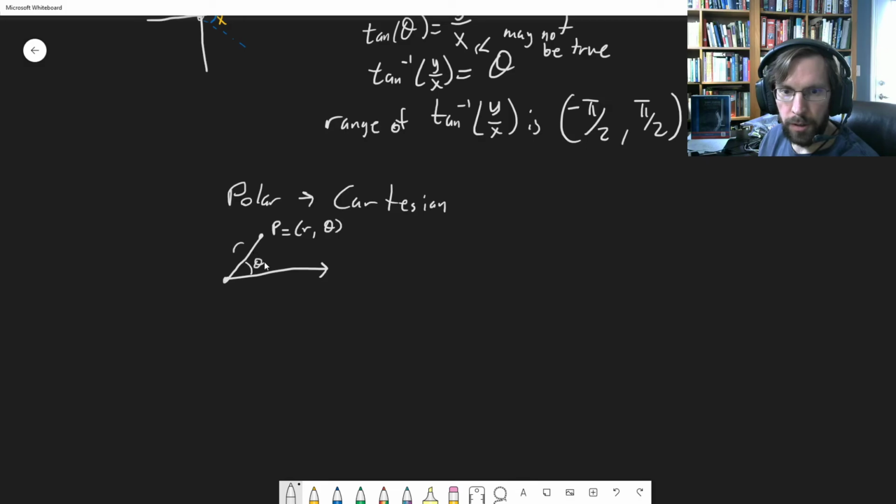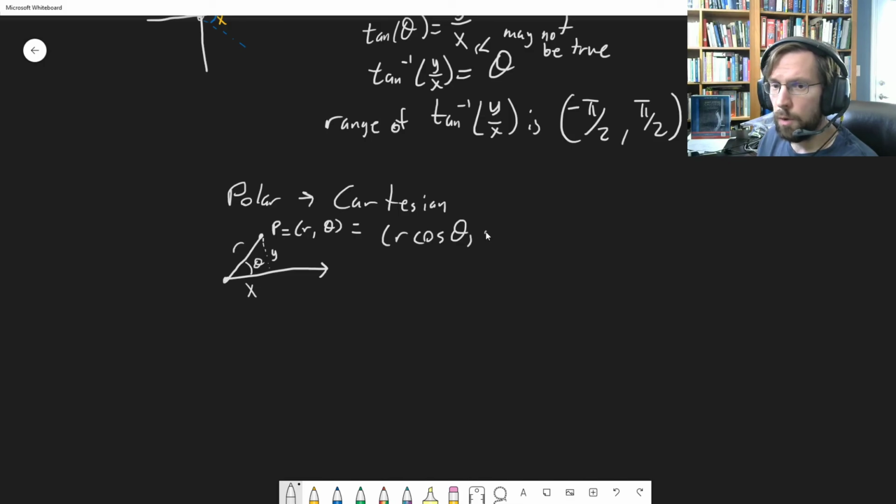So there's r, there's theta. We want to be able to find y and x. We can find y and x using trig. So our x coordinate is going to be r cosine theta, and our y coordinate is going to be r sine theta.